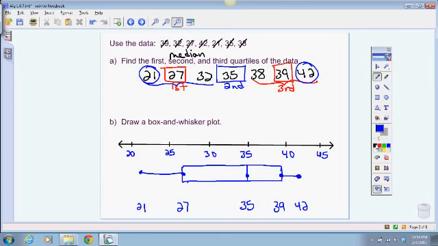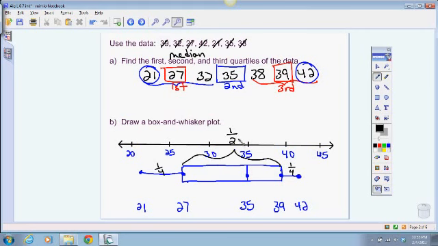What that means is that 1/4 of our numbers lie between 21 and 27. 1/4 of our numbers lie between 39 and 42. Notice this line isn't quite so stretched out, but there's still 1/4 of the numbers in each of these whiskers. Each of these boxes here is also 1/4, which means all together this represents half of the data.